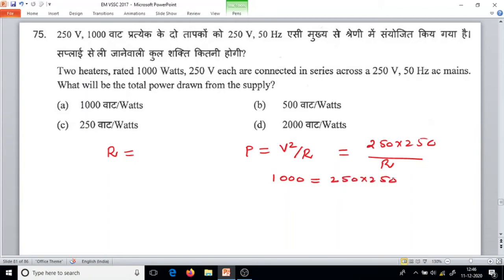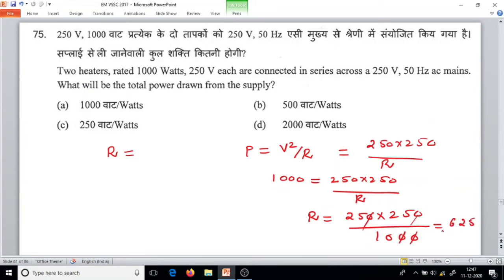So 1000 equals 250 times 250 divided by R. Now R equals 250 multiplied by 250 divided by 1000. Zeros cancel, again zeros cancel. What is the square of 25? 625. So divide by 10, 62.5 ohm. Now we got R equal to 62.5 ohm.